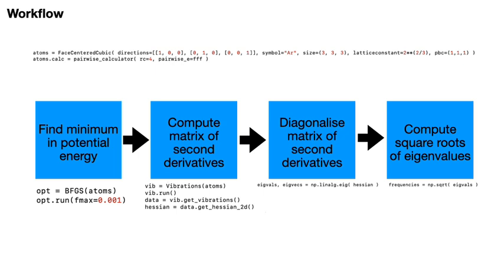You can do to this 1D NumPy array what you could do to any other 1D NumPy array. For example, the commands shown here will calculate the maximum and minimum frequency. Notice that because you are at a minimum in the potential, all these frequencies should be real positive numbers. If any of the frequencies are imaginary, then the minimization algorithm has not managed to find a true minimum in the potential energy.